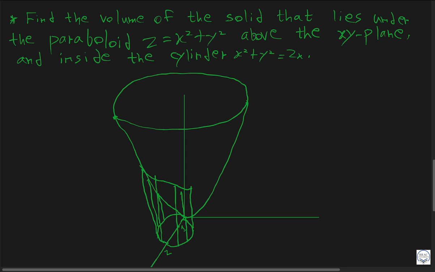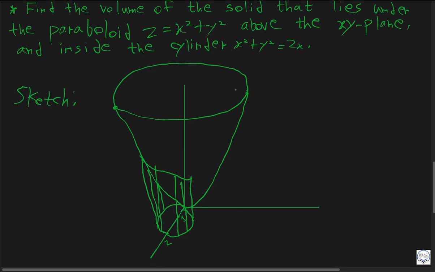Find the volume of the solid that lies under the paraboloid z equals x squared plus y squared above the xy plane and inside the cylinder x squared plus y squared equals twice x. Okay, so we don't really need to draw a 3D sketch to solve this problem, but I'm doing it for a demonstration here.